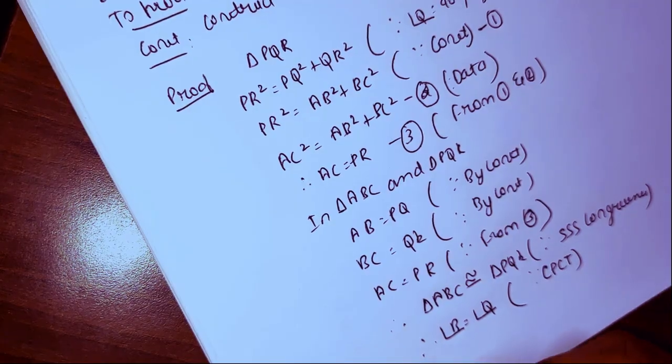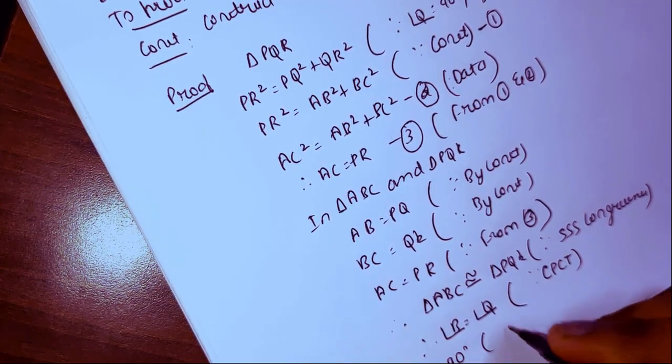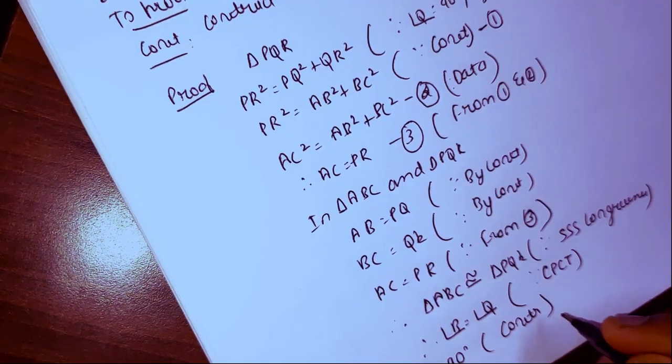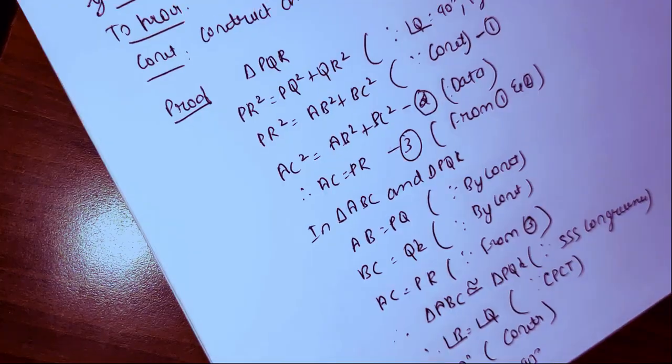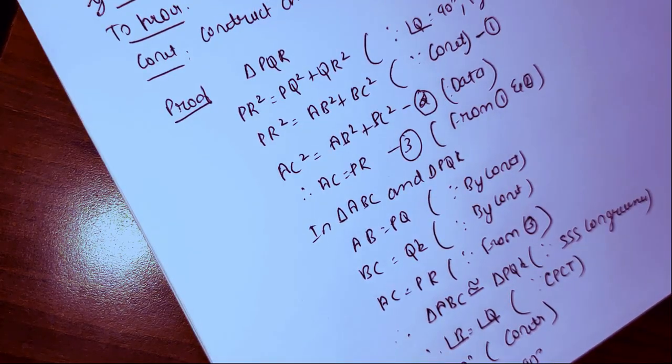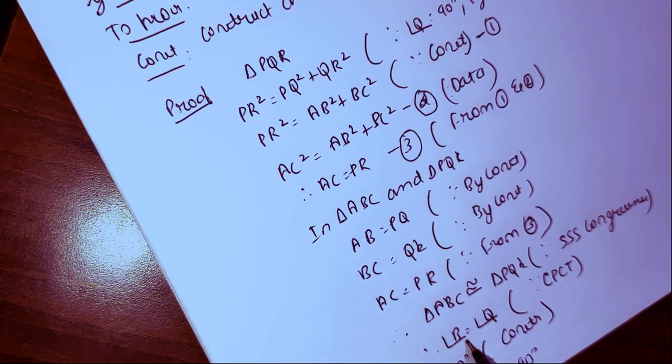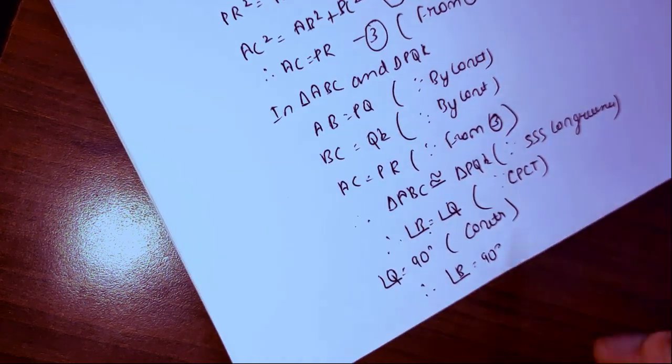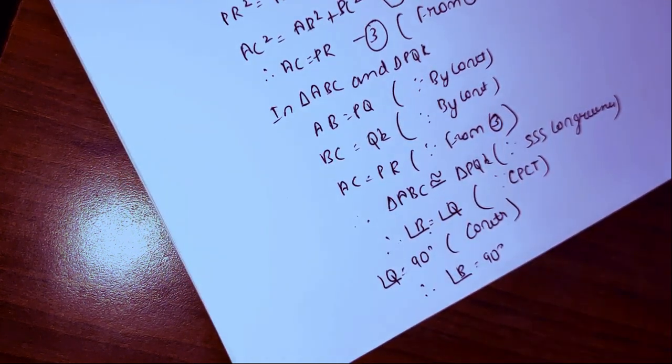We know that Q is equal to 90 degree, that is by construction. So therefore angle B is equal to 90 degree.